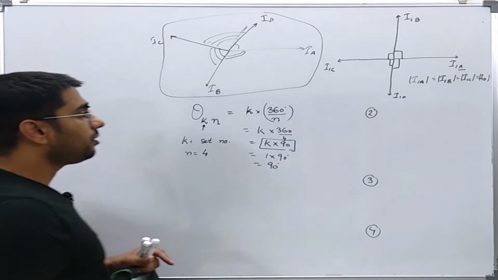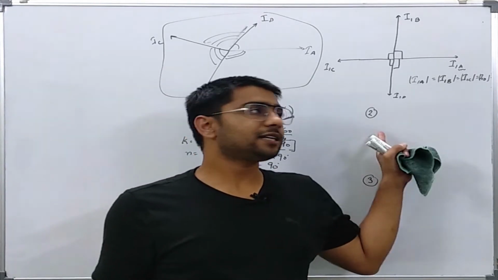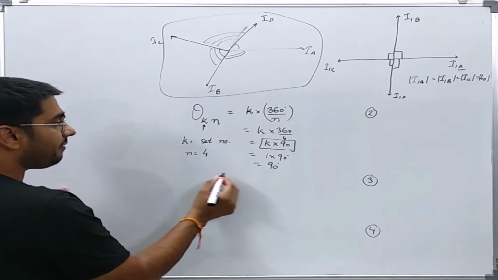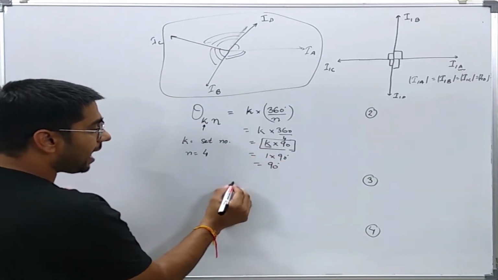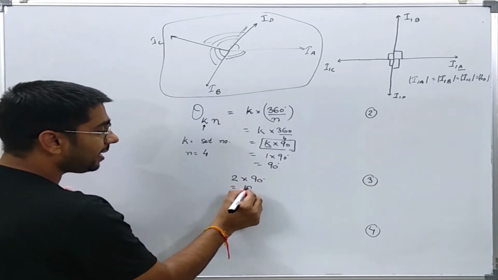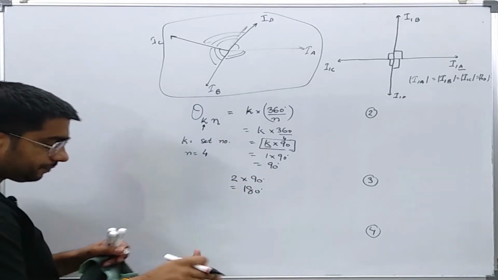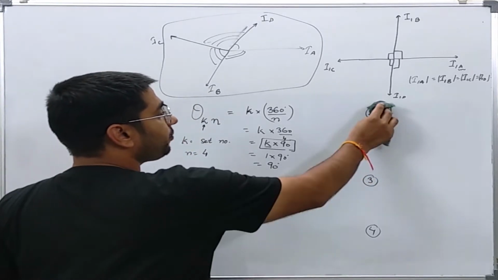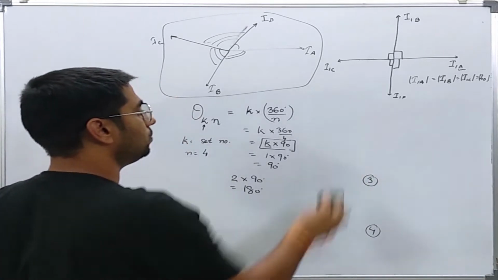Okay, now let us draw the components of the set number 2. Now for the set number 2, k will be 2. So the angular difference between the component of set 2 will be 180 degree. Okay, so what I will do, I will try to draw the 4 components of set number 2.